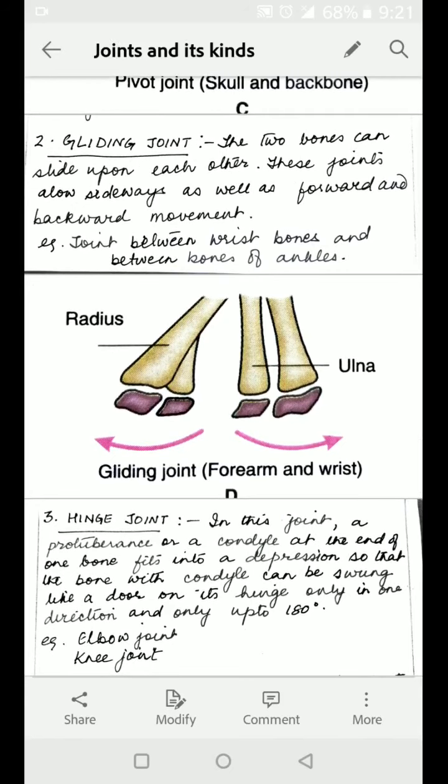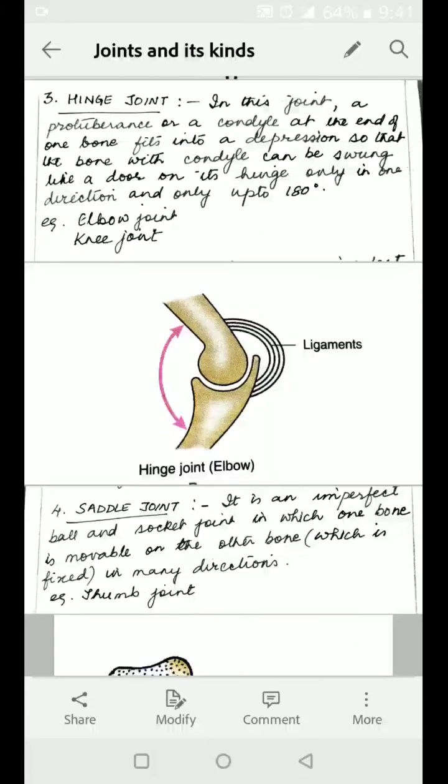Then the third joint, the hinge joint. In this joint, a protuberance or a condyle at the end of one bone fits into a corresponding depression so that the bone with the condyle can be swung like a door on its hinge only in one direction and up to 180 degrees.